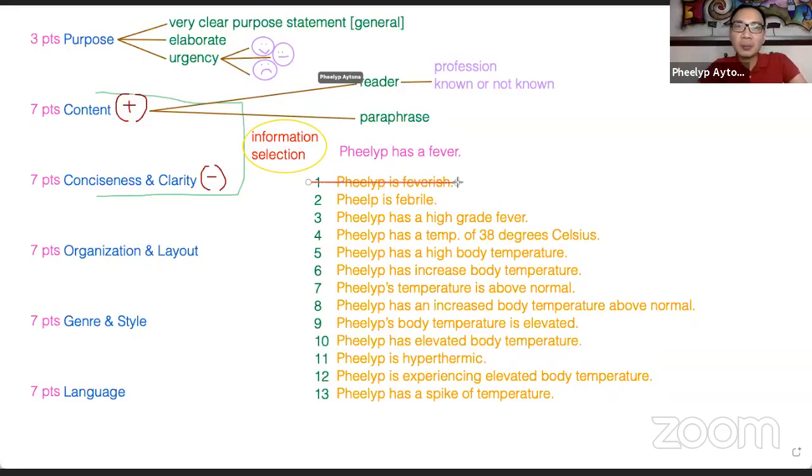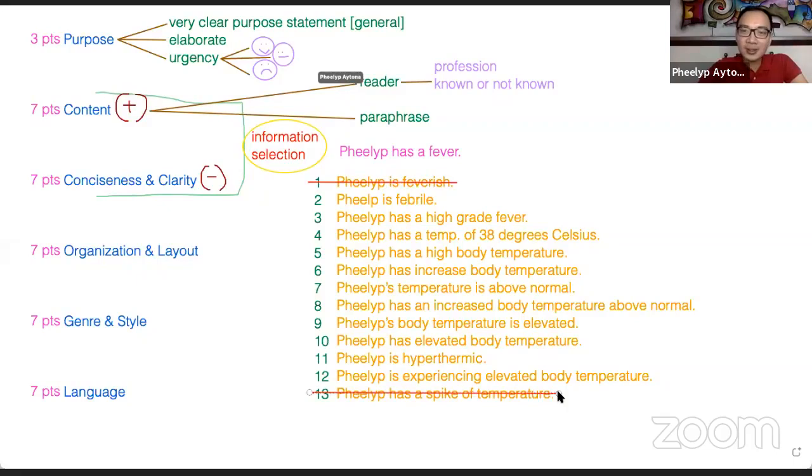If I have a spike of temperature, does that mean that I have a fever? Can you give me reasons why I might have a spike in temperature? Bigla akong uminit. Can you give me reasons? Weather, kasi mainit. Ano pa? Food, activity, hormones. Exactly. What else?